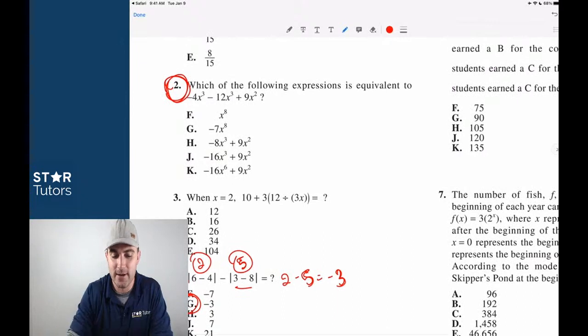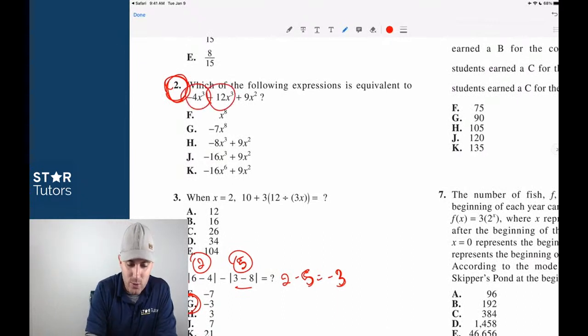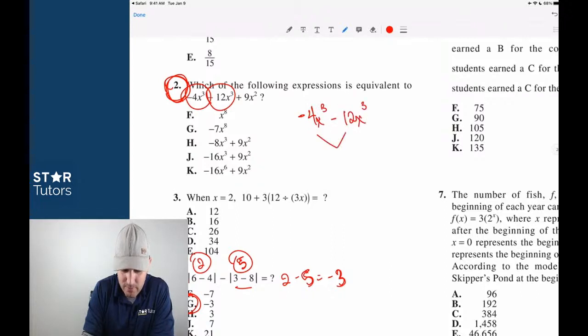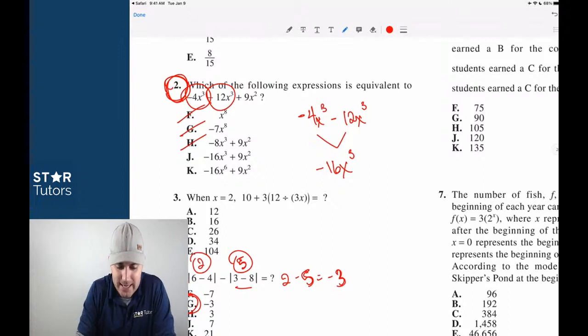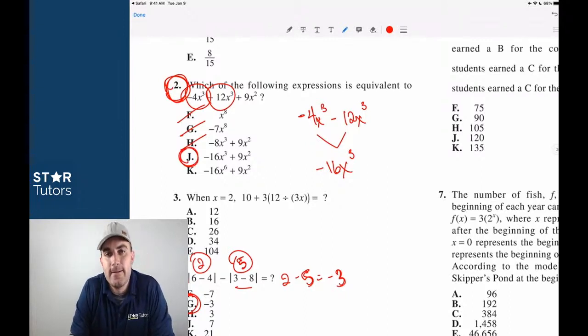But on these pass one questions, we're just combining like terms. We get negative 4x cubed minus 12x cubed. We combine like terms, and we get negative 16x cubed. So right away, boom, boom, boom, we can eliminate those answer choices. Now we just have plus 9x squared, so we answer with J. Now I understand that those questions are very straightforward and very easy, but that's the point.